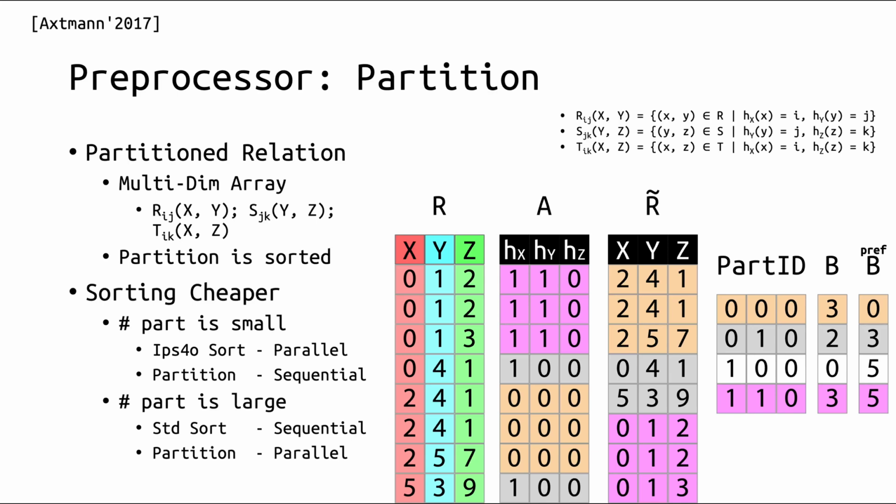Finally, as shown by the color coding, we perform the migration into the allocated relation R tilde with full parallelism. Concretely, tuples from R that share the same partition identifier in A are grouped together in R tilde. Once partitioned, the data is organized into multidimensional arrays, and each partition is sorted in parallel to accelerate the later join execution.